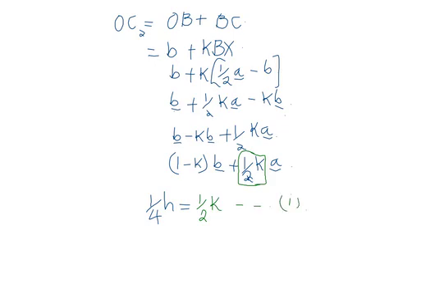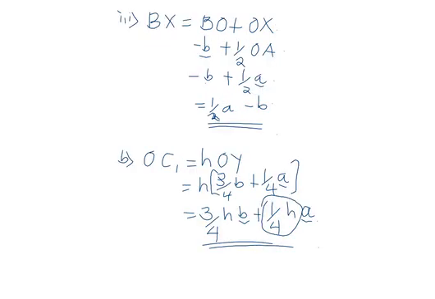We also compare the coefficient of vector B, and the coefficient for vector B in OC1 is 3 over 4 h.